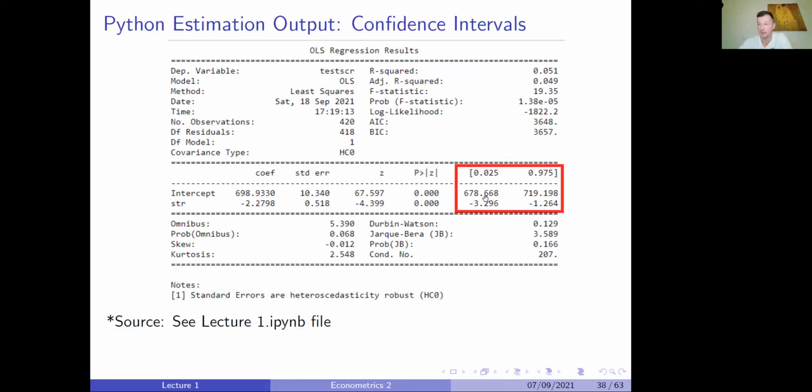This is the left or lower confidence limit. This is the upper confidence limit, left and right. And we see that 0 does not fall into this interval for the slope. With 95% probability, we can say that beta 1 is between these two numbers.